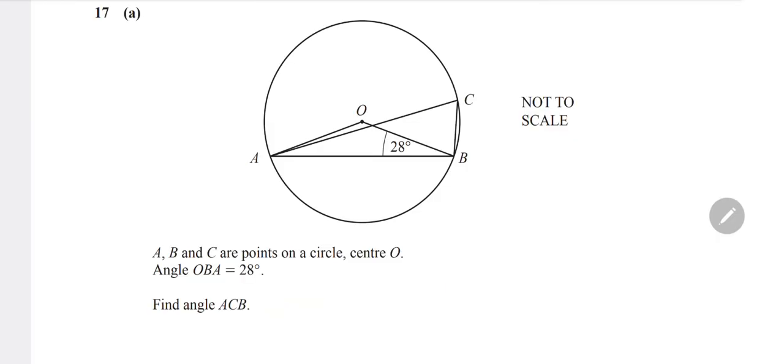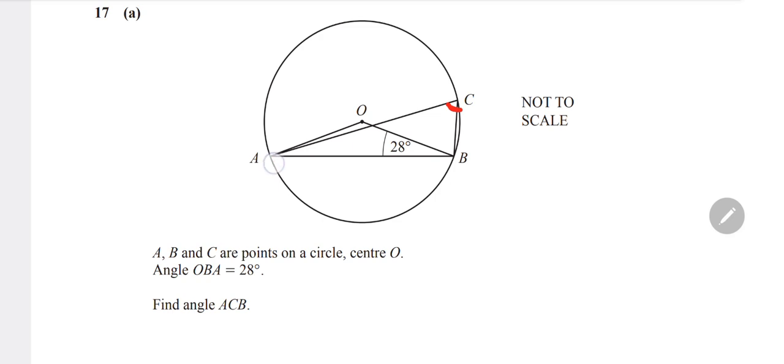So this is the question where we have a circle, and in this circle we have a chord AB, and from the center to the chord an angle of 28 degrees. We need to find this angle. Okay.